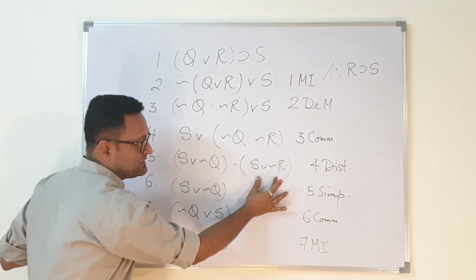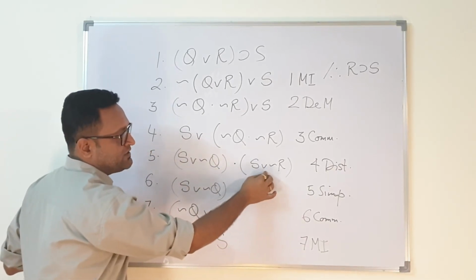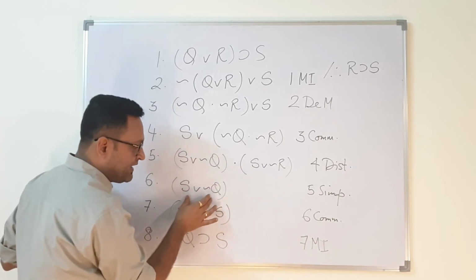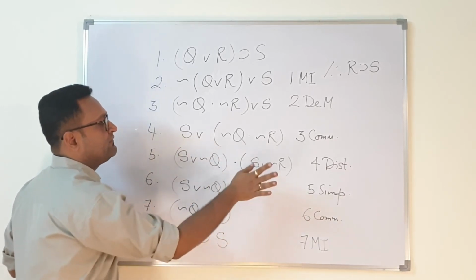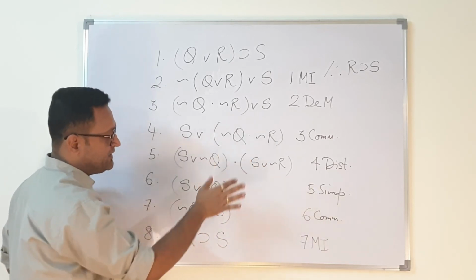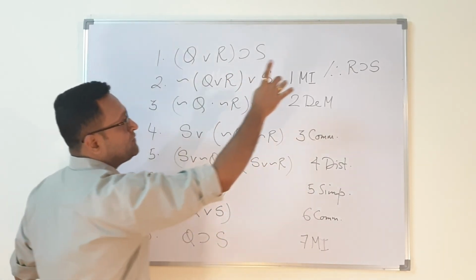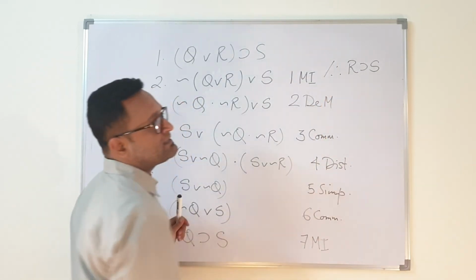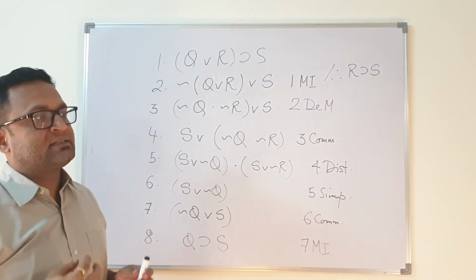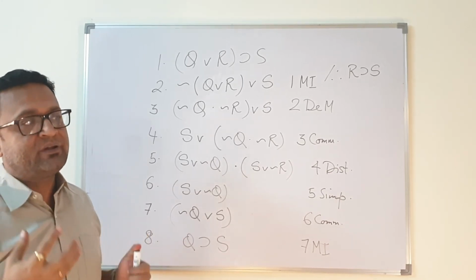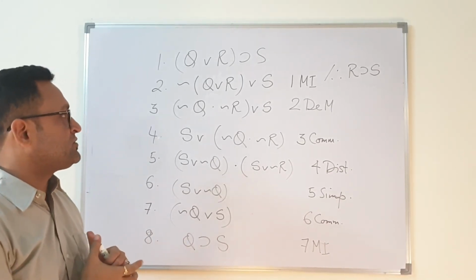You should have got this negation S wedge negation R first, simplified here S wedge negation R, left this and eliminated the other part, and after that you would have got R implies S. So these are small things which you should remember for any kind of question solving.